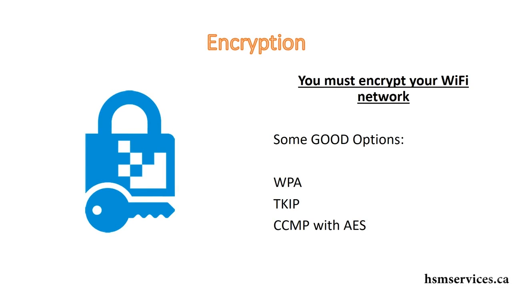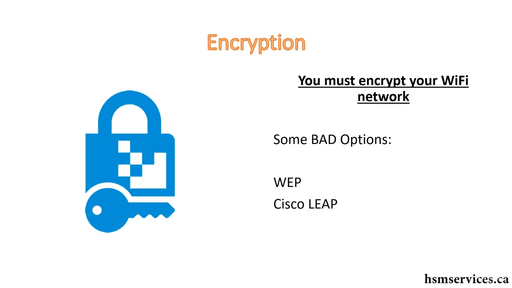Next situation, of course, is to encrypt the traffic between the device and the access point, so that the access point and the device don't get ratted out by a packet sniffer. There are many different encryption options: WPA, TKIP, CCMP.